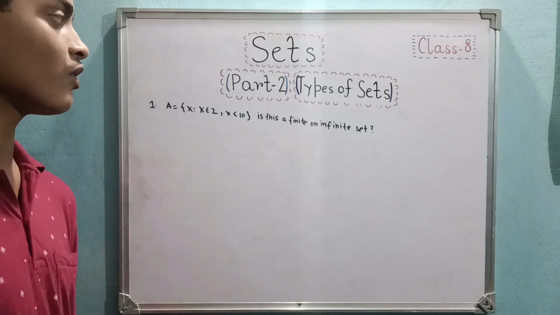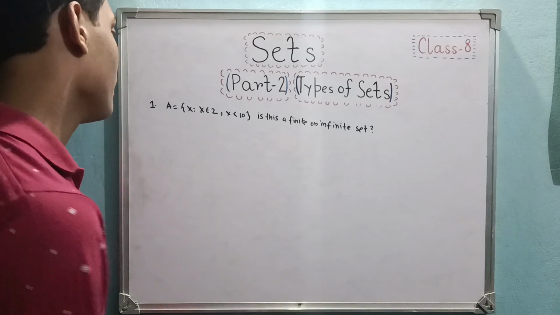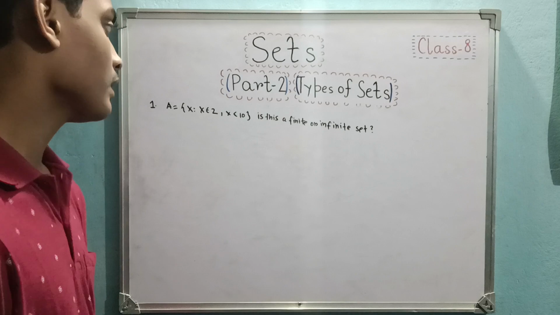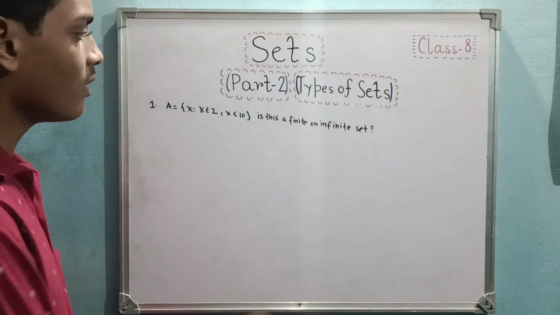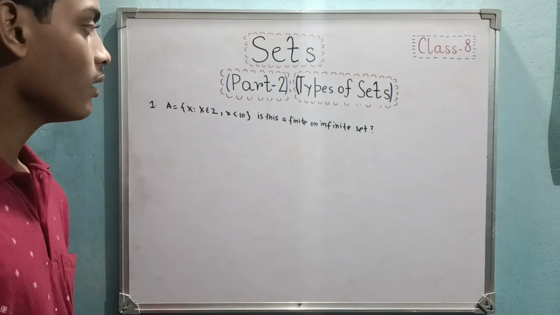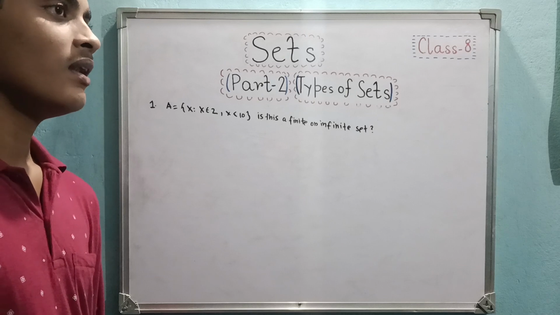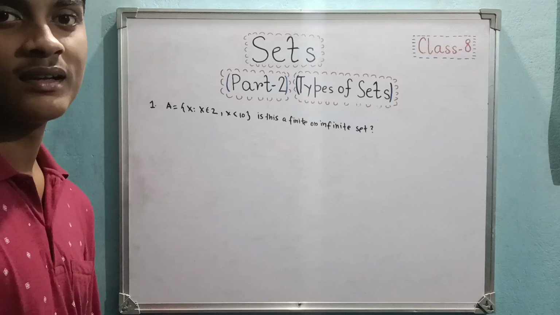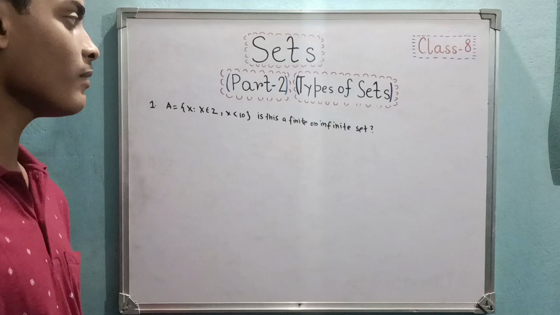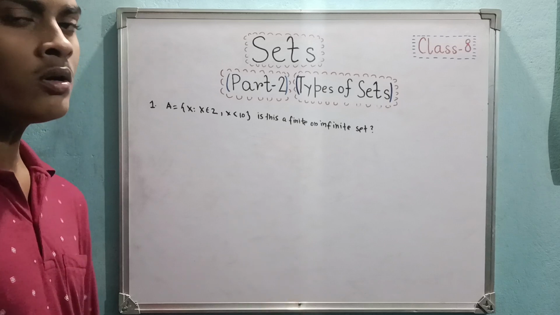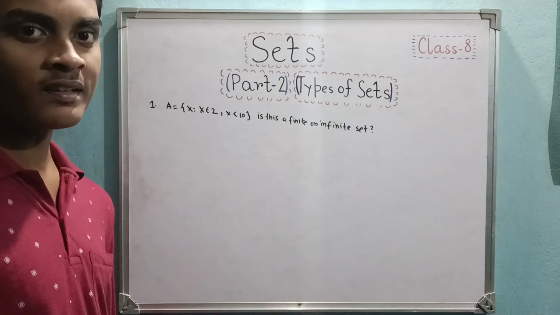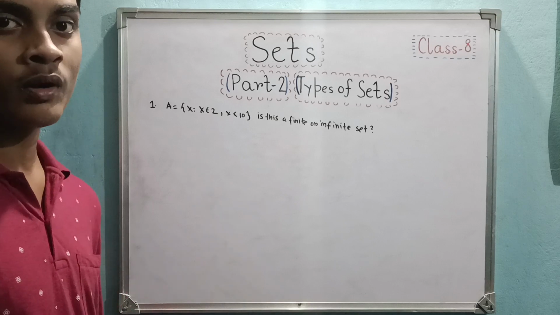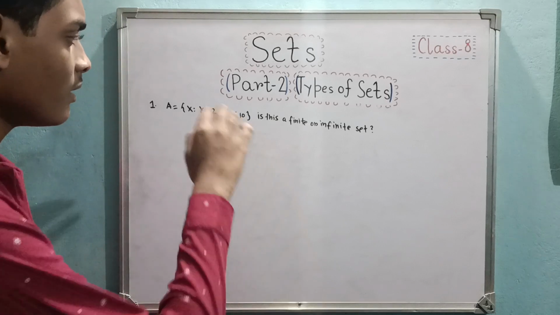Let's see for this question what will be the case. We have x belongs to Z, that means x belongs to integers and it is less than 10. Now guys, tell me, less than 10, how many integers are there? Means 9, 8, 7, 6, 5, 4, 3, 2, 1, 0. And on the minus side, how many integers are there? We can't calculate. What does it mean? It is infinite.